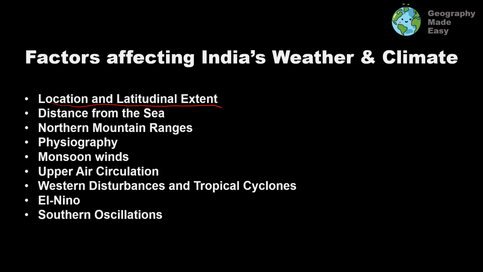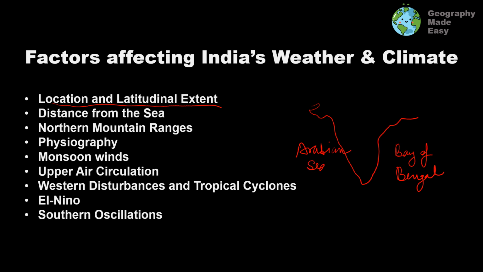The next point is distance from the sea. The peninsular part of India is surrounded by three seas and oceans: the Bay of Bengal, the Arabian Sea, and the Indian Ocean.